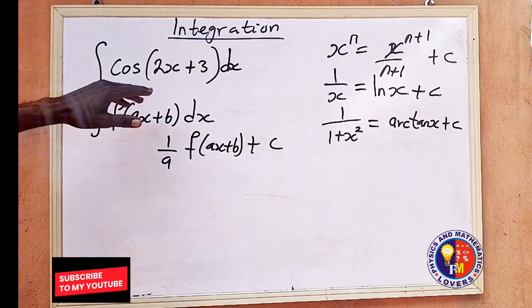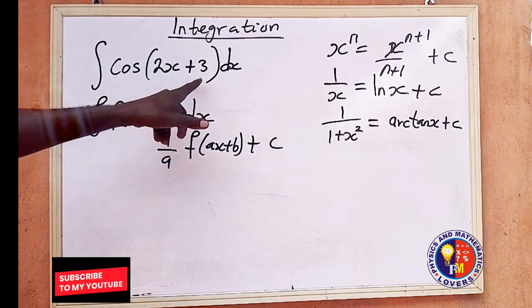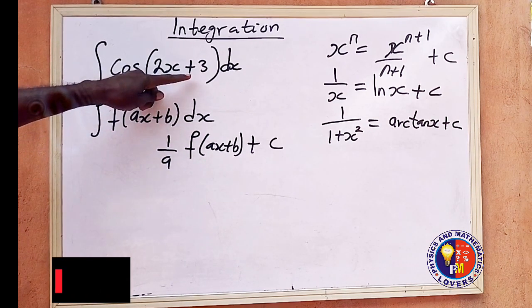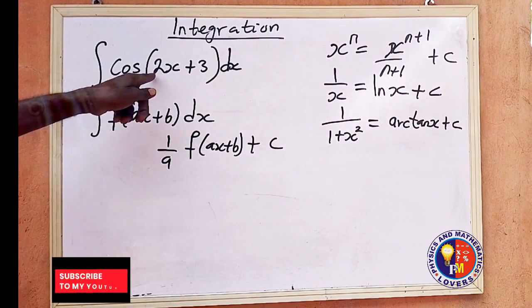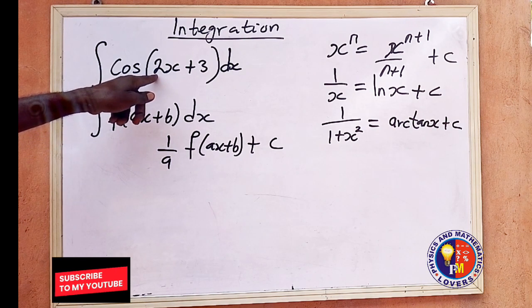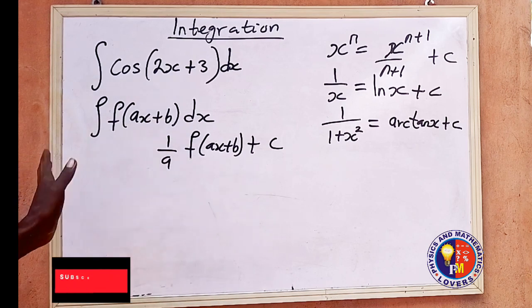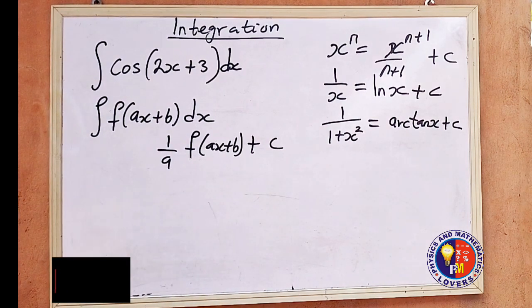So if you want to use that to solve this, what we are going to have at the end of the day is 1 over 2. Let us solve it.